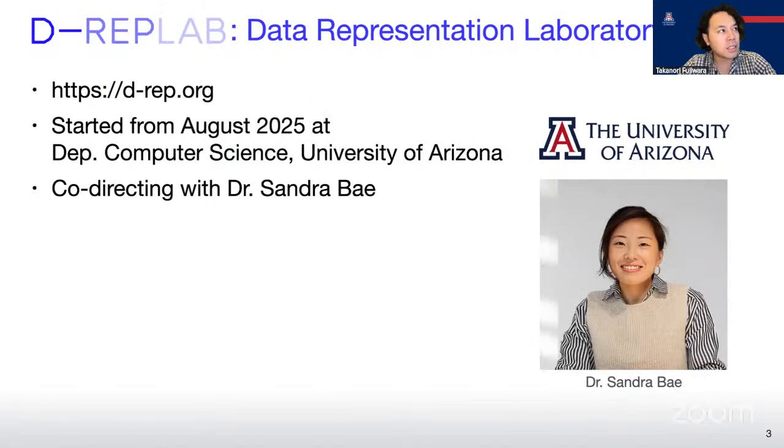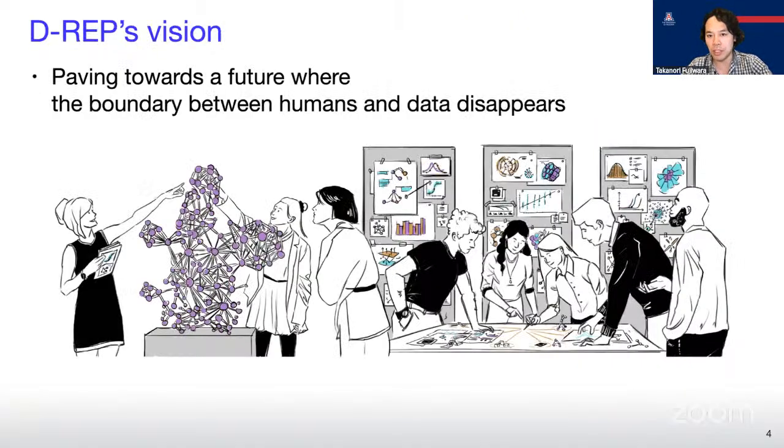So I just started a new faculty member position at the Department of Computer Science at the University of Arizona. And another new faculty member, Dr. Sandra Bay, and I co-started directing the Data Representation Laboratory, or DLab. As an ultimate vision of this DLab, we envision a future where the boundary between humans and data disappears.